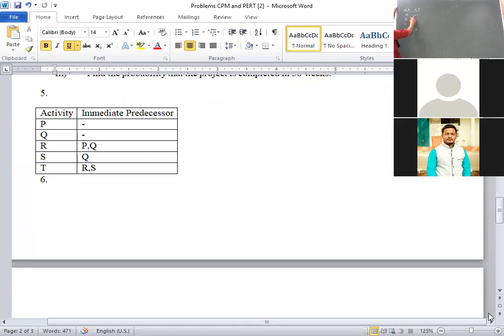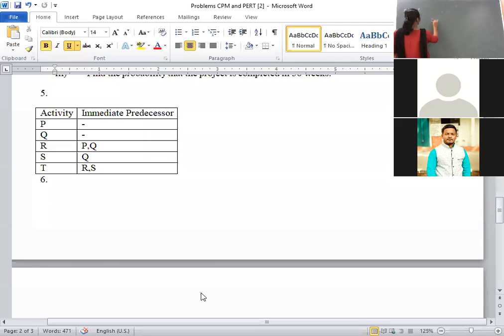Listen carefully. In general, how we will draw? Here, whenever we are introducing dummy activity concept, two activities cannot start and end at the same node. Here, A and B doesn't have any preceding activities, right?